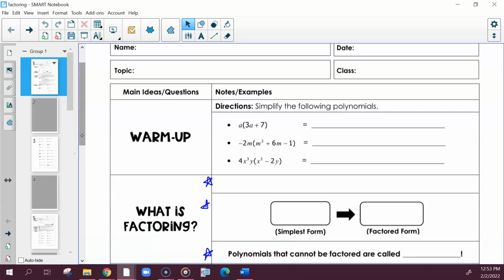Okay. Alright. Everyone should have these notes somewhere in the papers on their desk. Our new unit is on factoring. So some of you will have seen this before, depending on where you were 2 years ago before COVID happened.